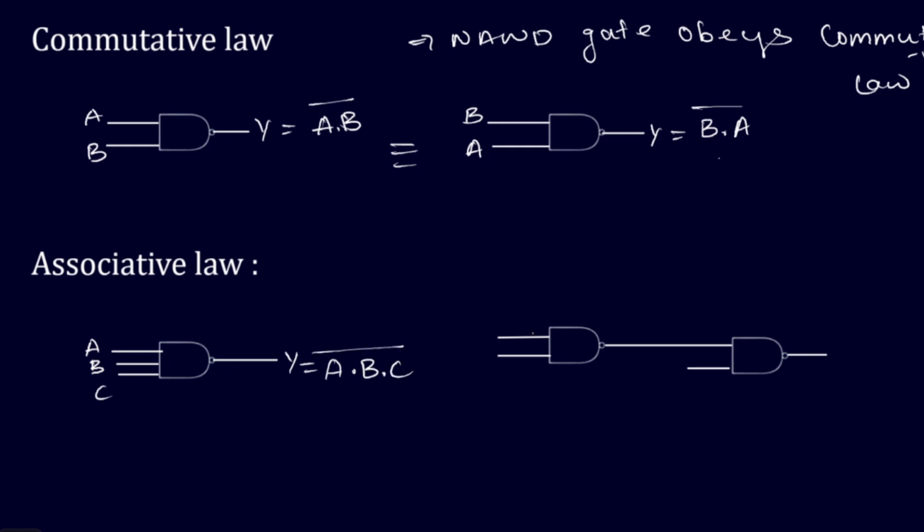Let us check if this one is equal to the other as well. If I have A, B, then it will be (A into B) bar, and this one will be C. So Y is equal to ((A into B) bar into C) whole bar. So this is not the same. So the NAND gate does not follow associative law.